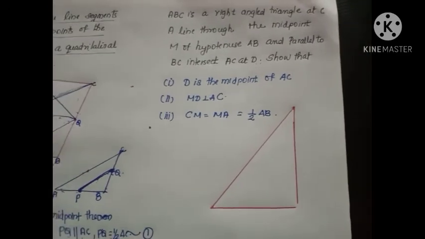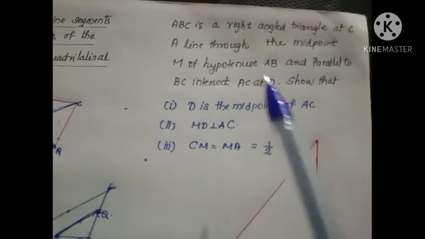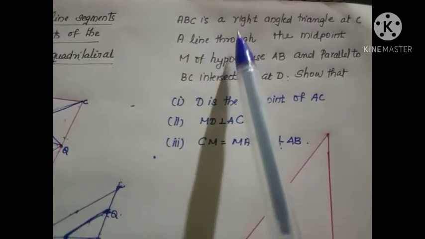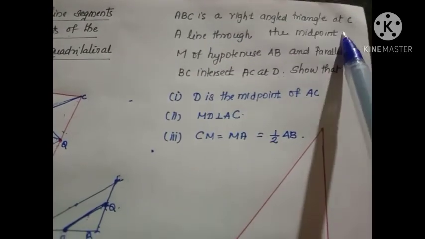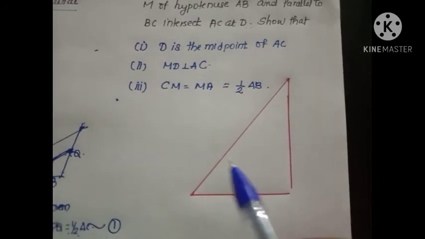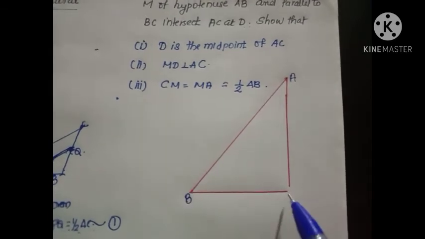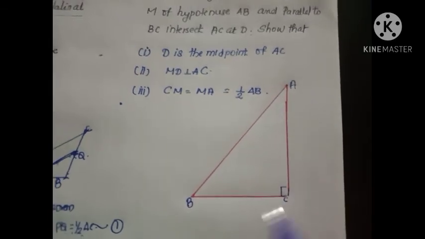Here the figure is not given, so we need to draw the figure as per the question. ABC is a triangle, right angled at C, which means angle C equals 90 degrees.